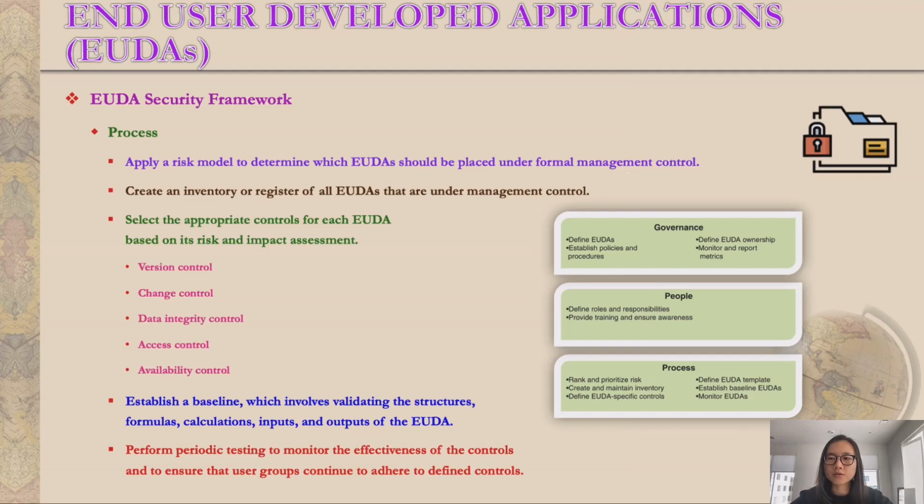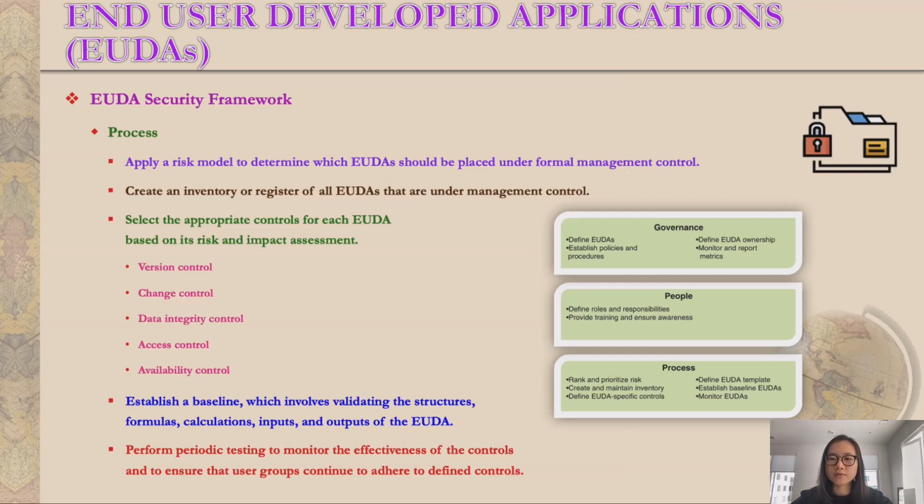For each end-user developed application, based on its risk and impact assessment, the application owner should select the appropriate controls such as version control, change control, data integrity control, access control, and availability control.